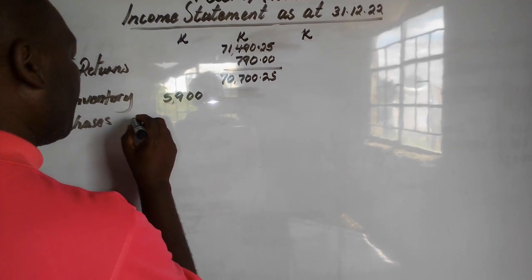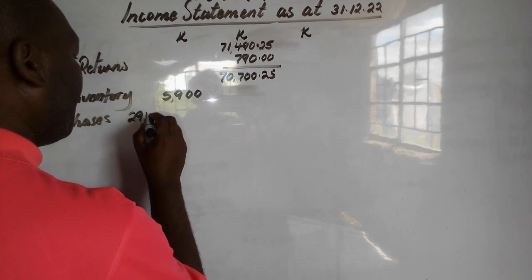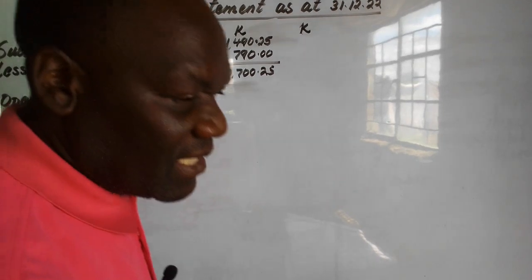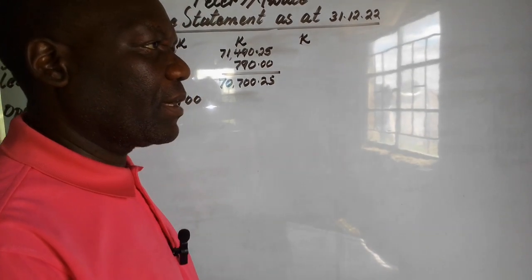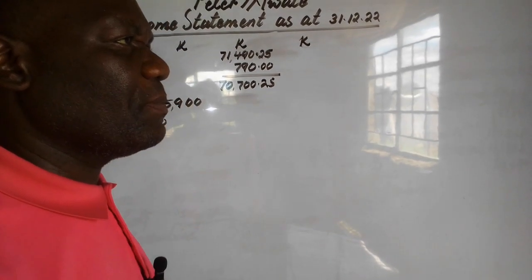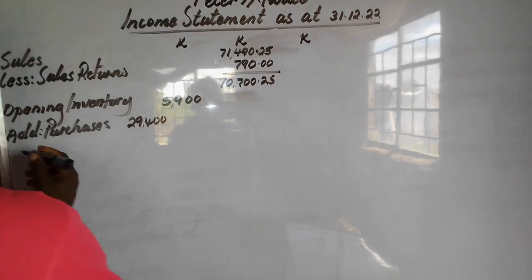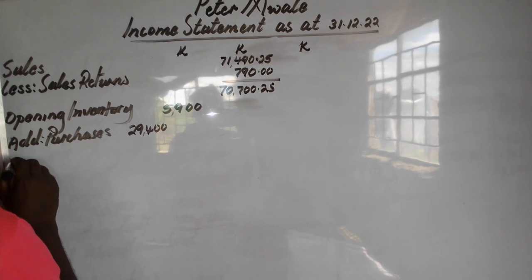So I'll put it here. Why have I put it here? Because it has an adjustment. We need to adjust. There is an adjustment that we need to make. That is the carriage inwards. So we are adding carriage inwards.